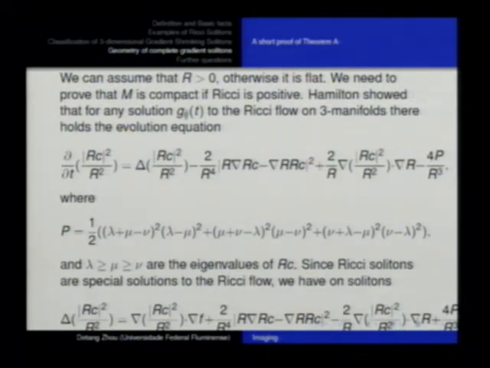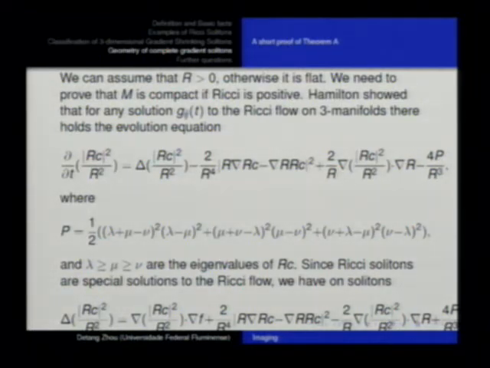It seems complicated, but we need to reorganize it. If you put it in the situation of a shrinking soliton, you just change this term by this term using f. If you look at this term and this term, they have the same sign. This means the pinching of the eigenvalues: if you control this, you can control the pinching of eigenvalues of the Ricci curvature.